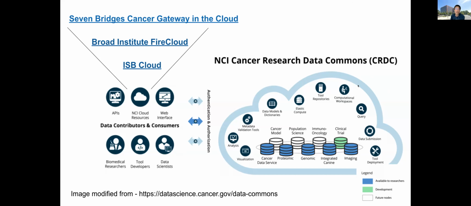So for me, a lot of what I did at NCI was to develop scientific use cases with end users, leveraging the NCI cloud resources to do microbiome, microbe, and metagenomic related work. And currently, the NCI cloud resources are hosted by the Broad Institute, the Institute for Systems Biology, and the Seven Bridges. Each cloud resource has developed a unique infrastructure with a variety of tools to access, explore, and analyze molecular data. Next slide, please.